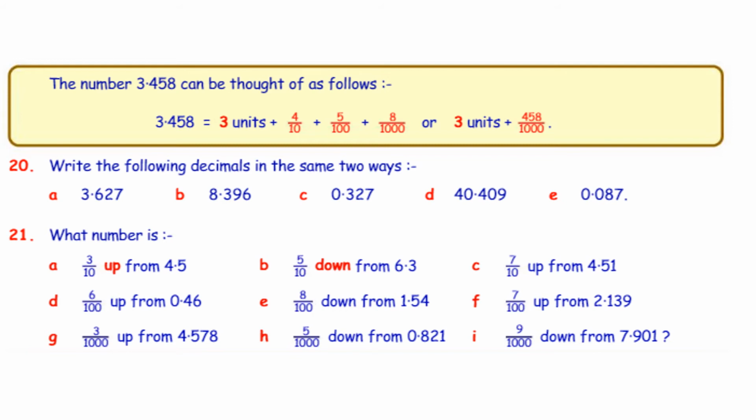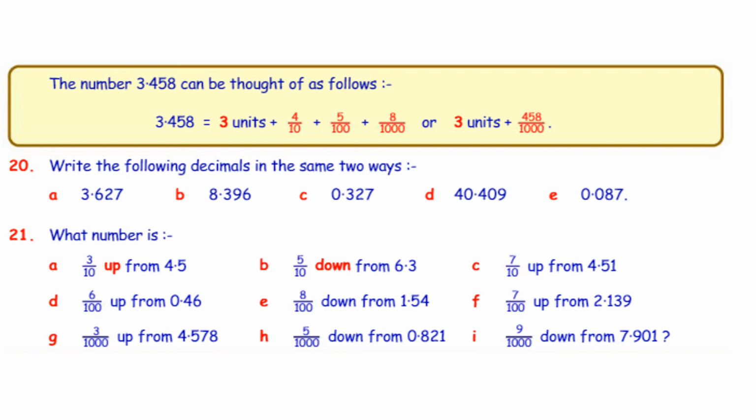So for example, A would be 3 units plus 6 over 10 plus 2 over 100 plus 7 over 1,000. Or 3 units plus 627 over 1,000. So it's the two ways. A, B, C, D, E is going to have 2 answers.